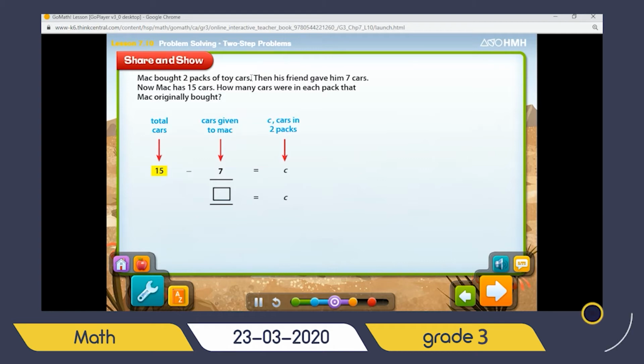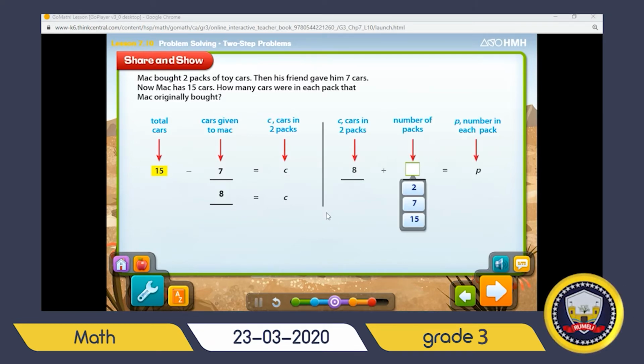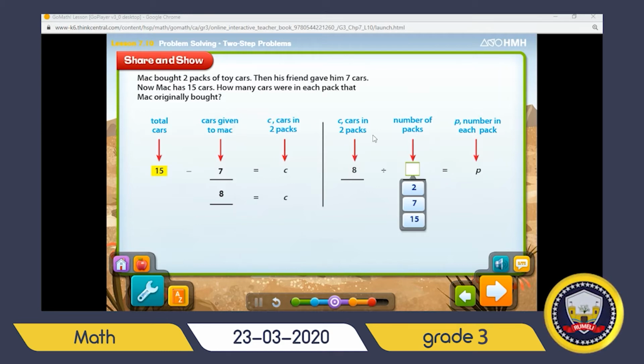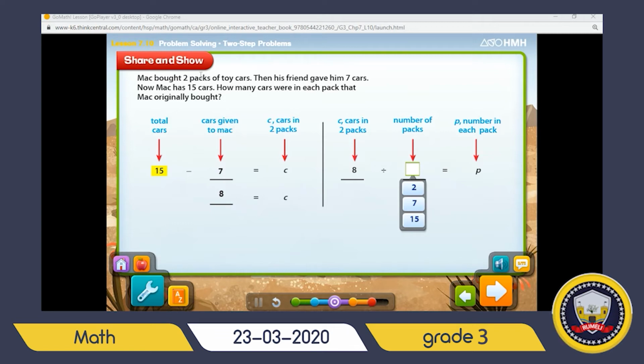So if he has 8 cars, what will I do next? I need to do division. If there are 8 cars in 2 packs, how can I find how many cars are in each pack? First of all, cars in 2 packs, we said 8 cars. And how many packs does he have? 2 packs.